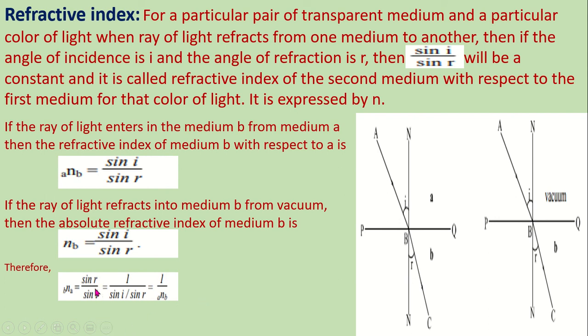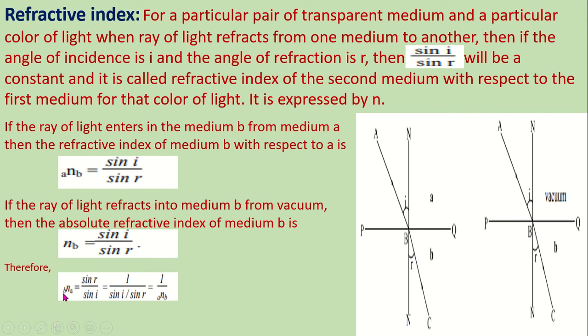So sin r by sin i can be written in this way, 1 by sin i by sin r, isn't it? We can also write it in this way. So 1 by, but sin i by sin r equals what? aNb, isn't it? So we can write 1 by aNb.